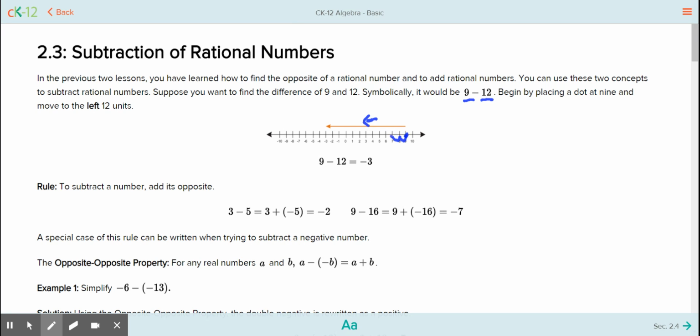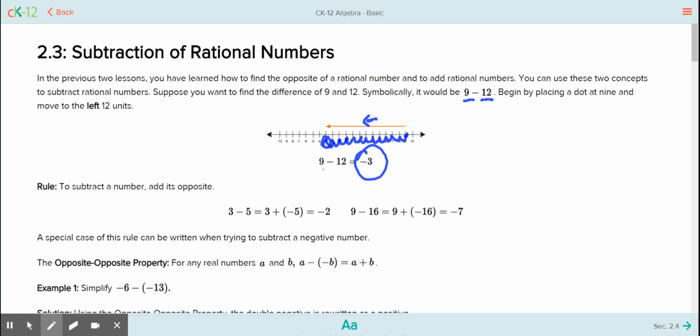1, 2, 3, 4, 5, 6, 7, 8, 9, 10, 11, and 12. We landed on -3. So 9 minus 12 is -3. So here's the rule.